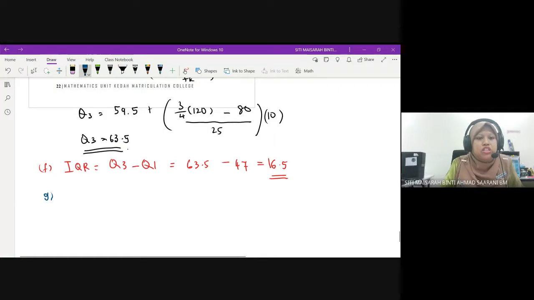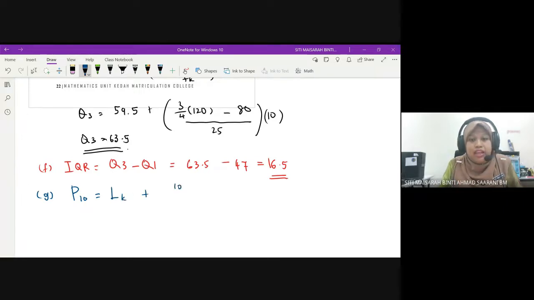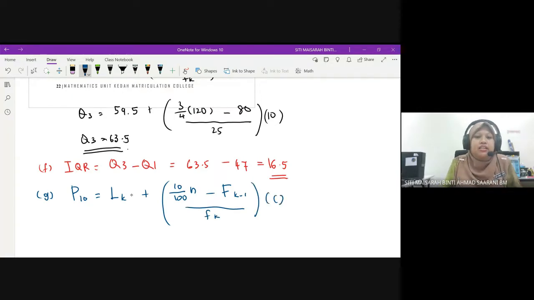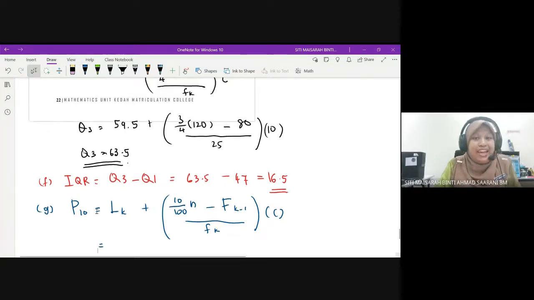Next we continue with the 10th percentile. Now G is P10. The formula is similar to the median, but we change n over 2 to 10 over 100 n. So P10 is equal to LK plus 10 over 100 n minus cumulative before, divided by frequency FK, multiplied by C. Which row is for P10?